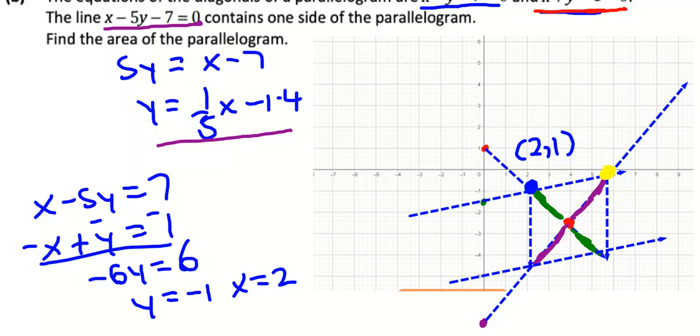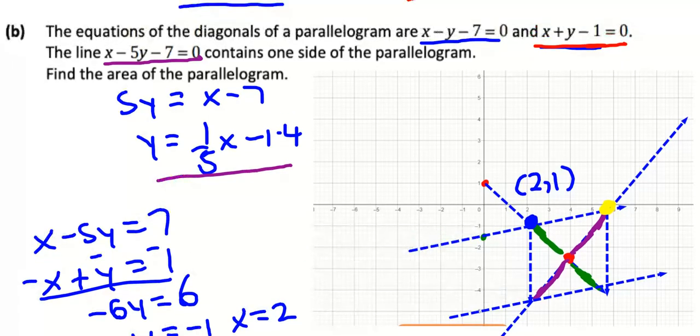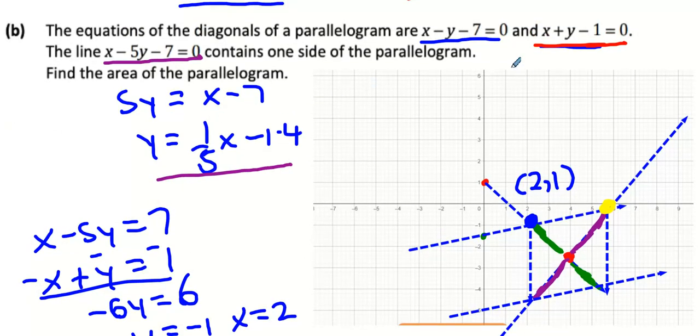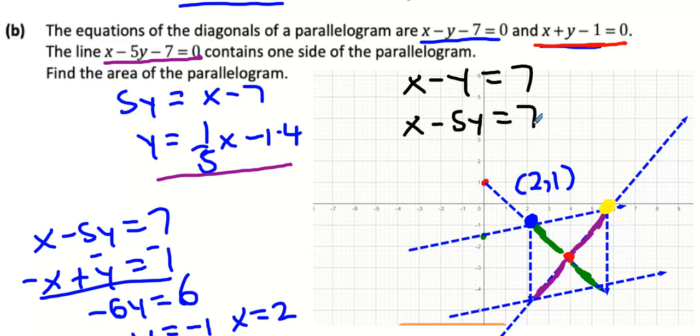So what do we say? This line here with the slope of what's it? Slope of 1 is the red line, or is it, no? Sorry, it's the blue line. So it's x minus y equals 7, and we're intercepting it with the x minus 5y equals 7. Is that right, you guys? Change the signs on the top one.